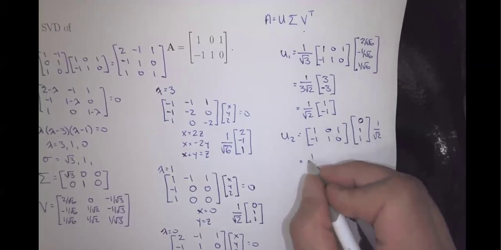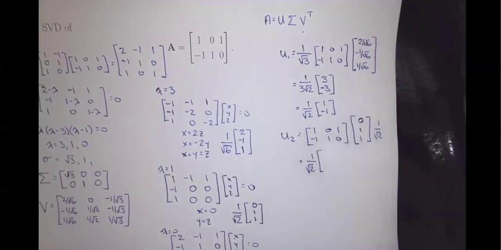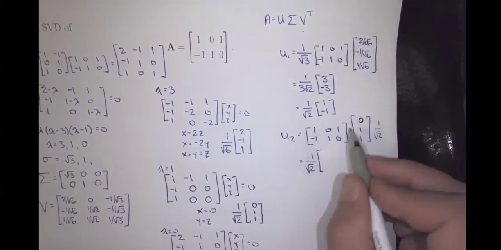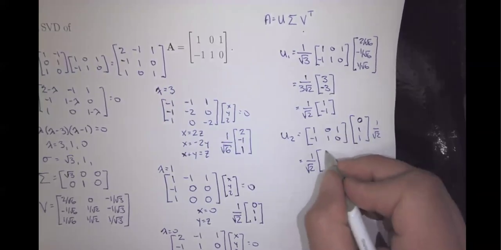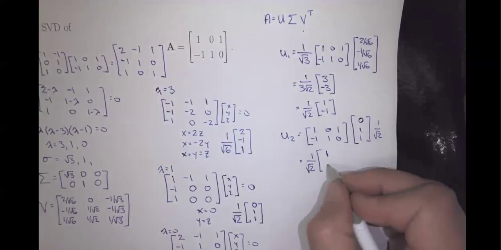So we'll bring the 1 over root 2 out front. And I've got my vector here. So 0, 0, 1. And then 0, 1, 0.